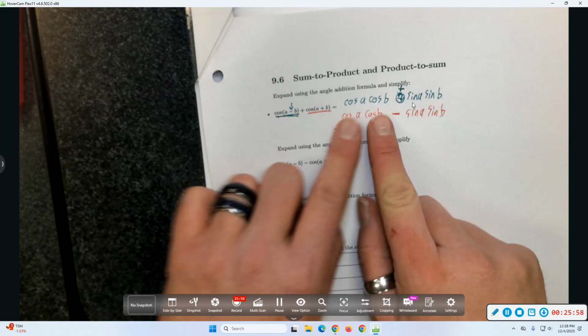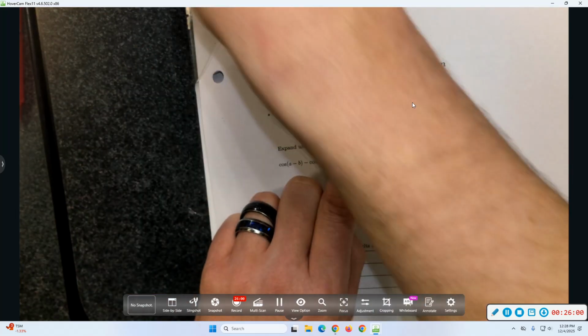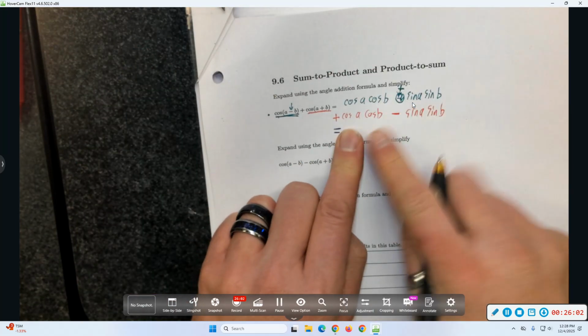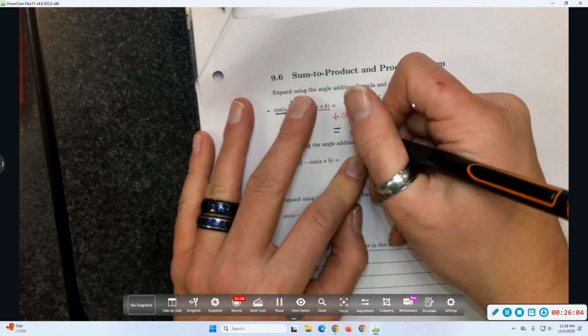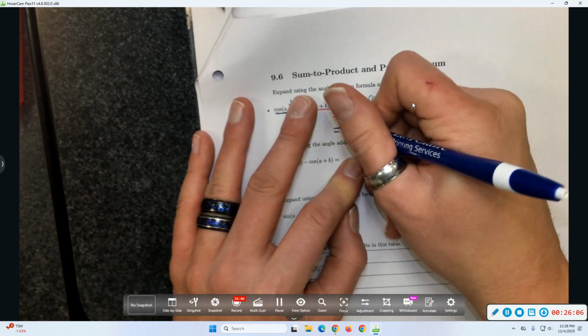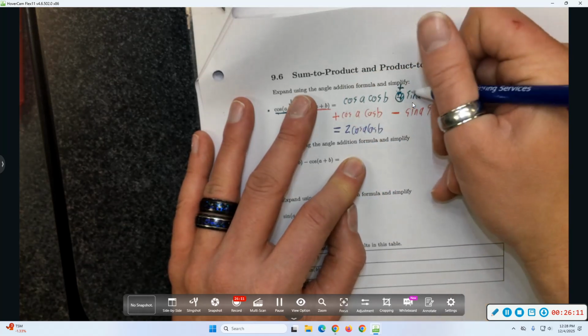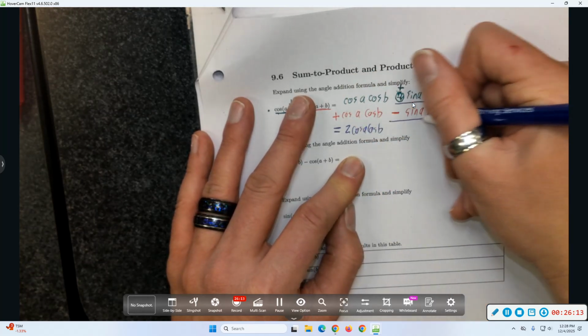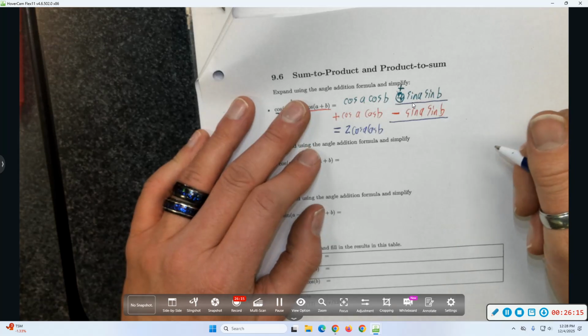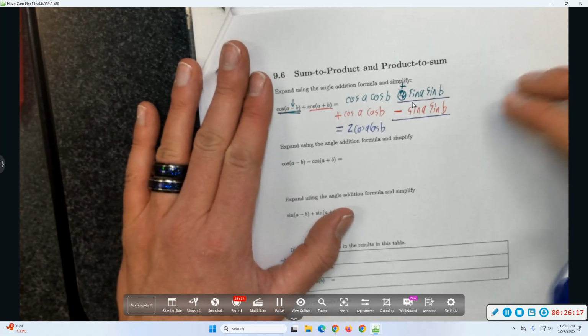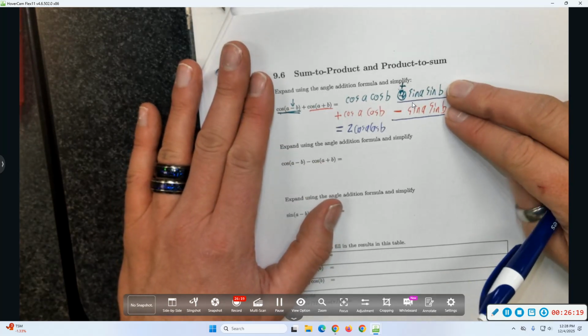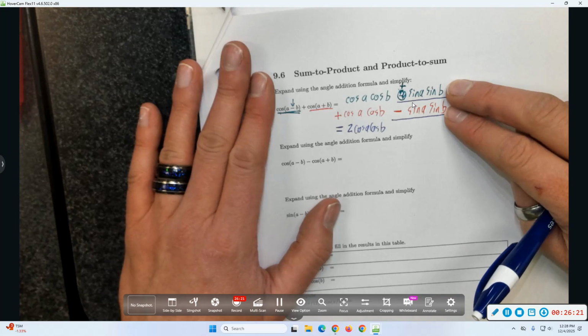I see cos a, cos b plus cos a, cos b. Those stack to give me 2 cosine a, cosine b. And then I see sine a, sine b minus sine a, sine b. Those cancel. So notice if I had accidentally made that sine error on both of them, they would have just canceled out anyway.